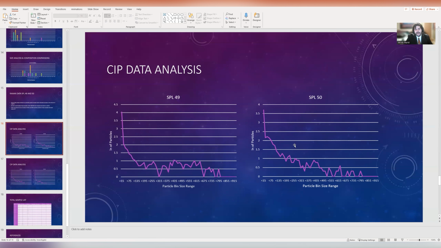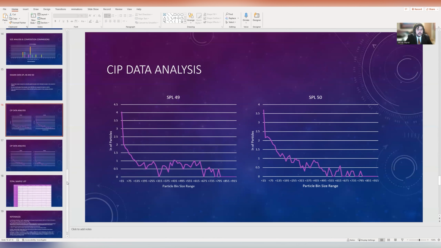From here we can also see that it was probably storming, but it might have been starting to calm down a little bit, because there's quite a bit less concentration here as compared to 49.